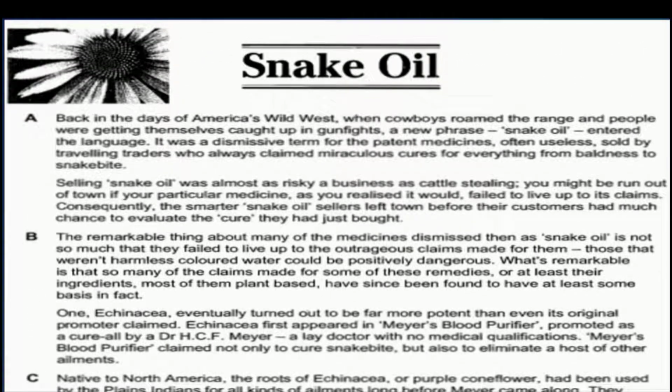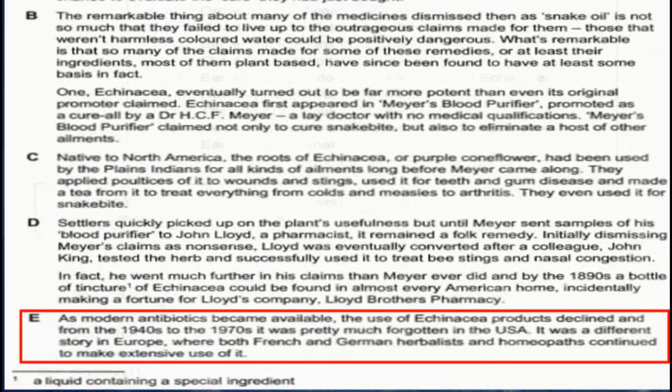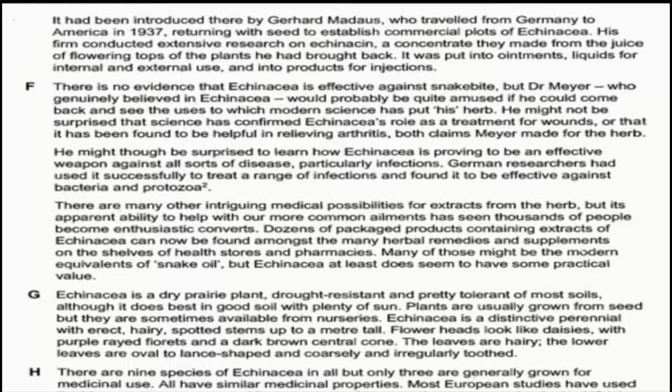If you look at the next paragraph, which is paragraph E, our question 30, you realize that the beginning part talks about how the use declined in the US. But the next sentence tells us about how it became more popular and used more often in Europe. How do you know exactly what should be the heading? We will check the later part of that paragraph to check exactly what is being buttressed.